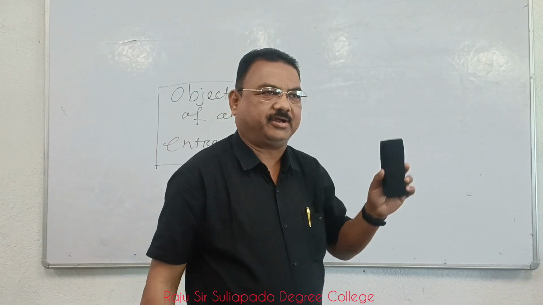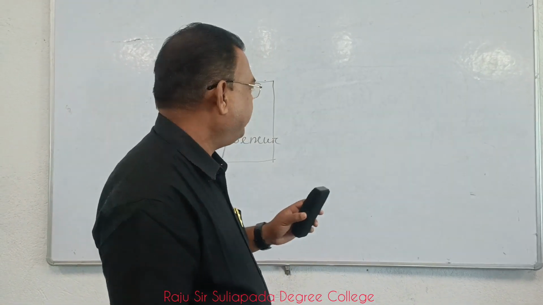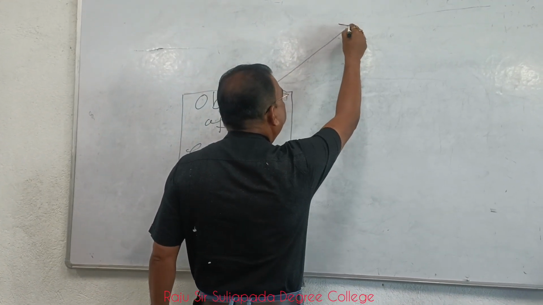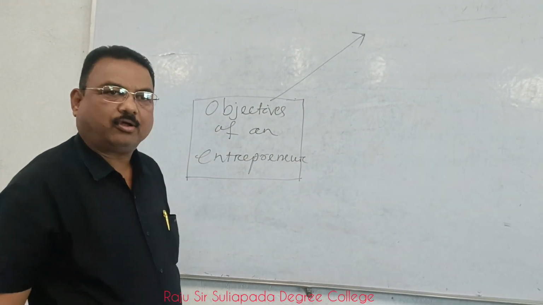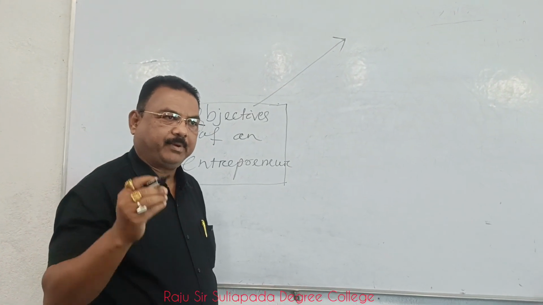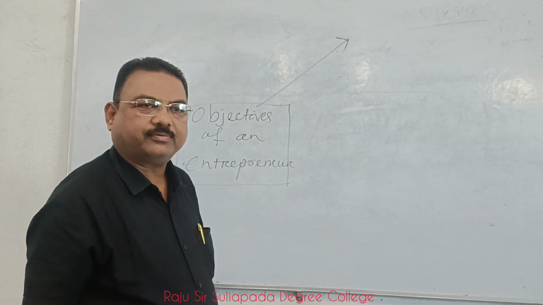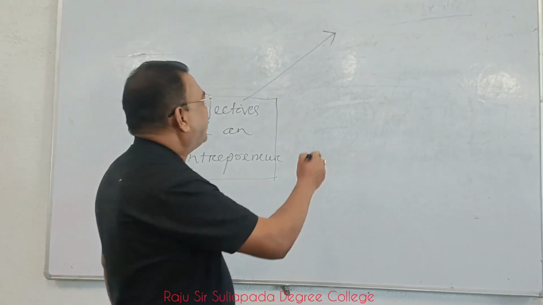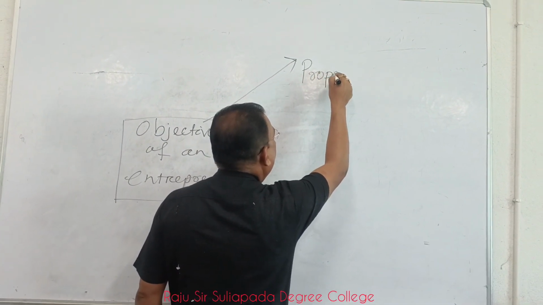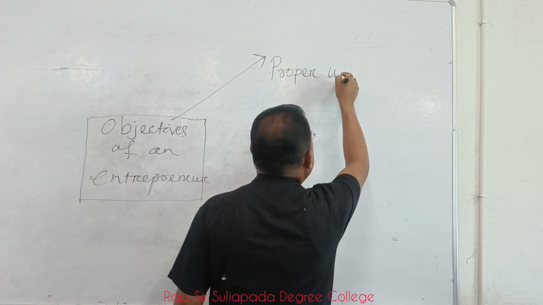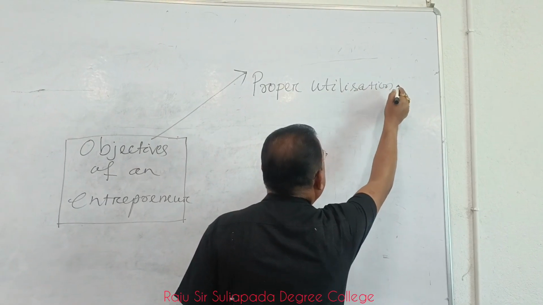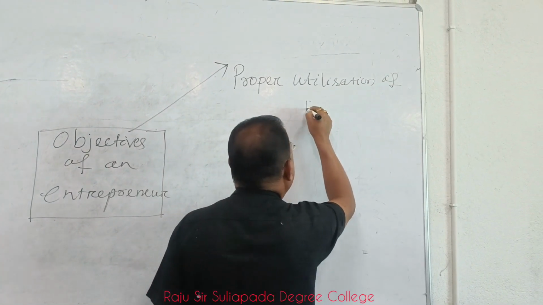For clear understanding, I am discussing the flowchart. From this flowchart, we can easily understand and memorize the points of objectives of an entrepreneur. First point is proper utilization of resources.